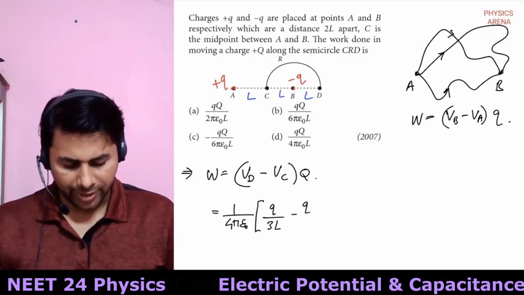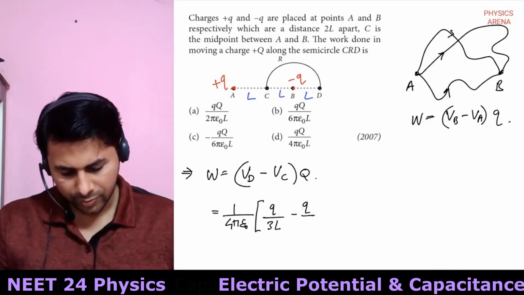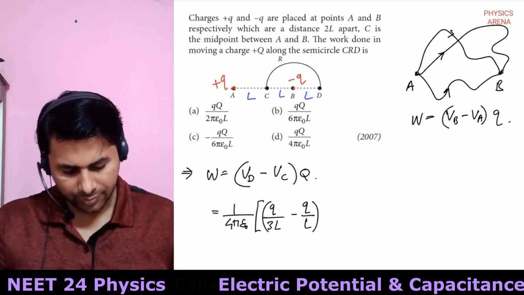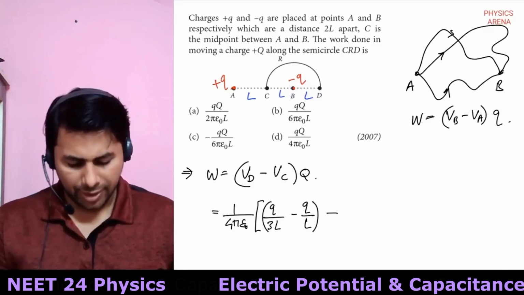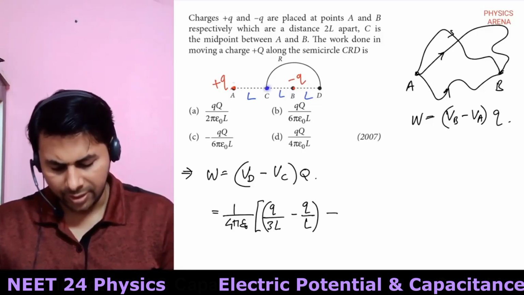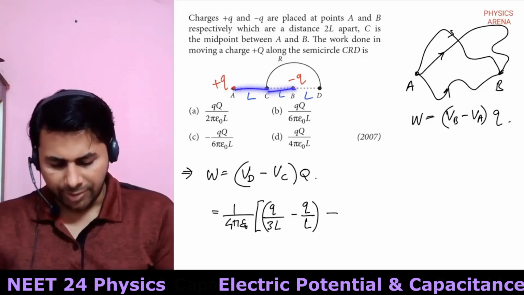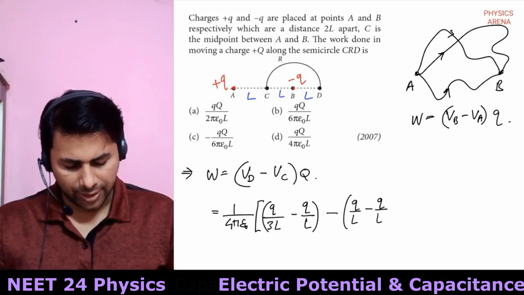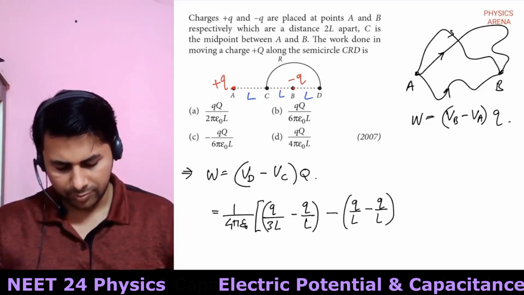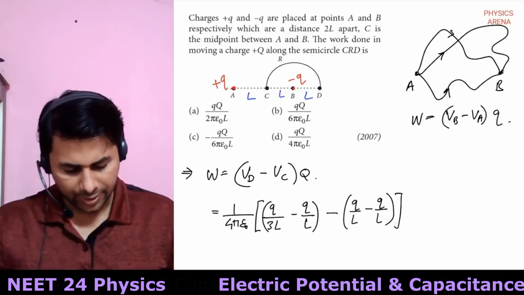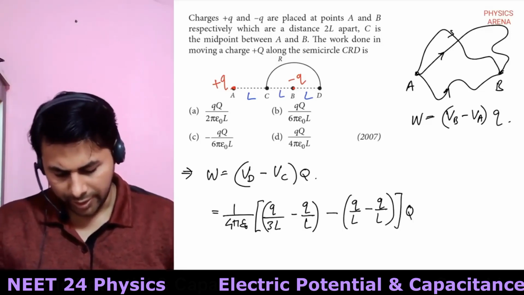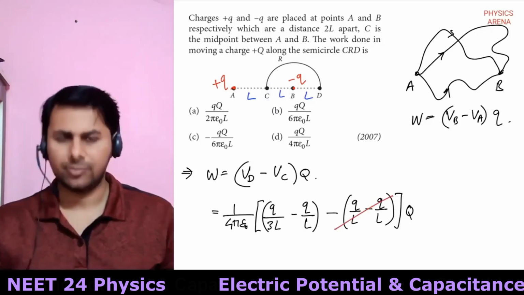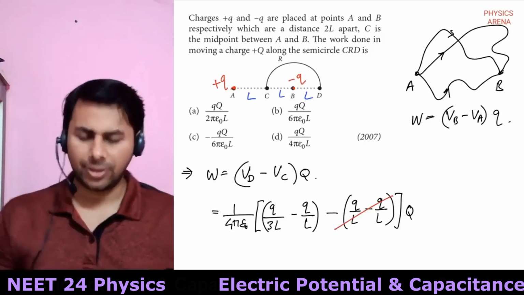Potential due to minus Q is minus Q upon L. That's potential at D minus potential at C. For point C, it is at same distance from plus Q and minus Q, so it is Q upon L minus Q upon L, times capital Q. Actually this point has potential equal to 0. Plus Q by L minus Q by L.